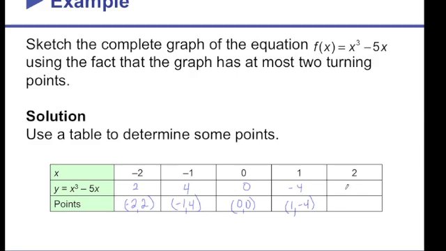And 2 cubed will be 8 minus 5 times 2, so 8 minus 10 will be negative 2, and we'll have the point 2, negative 2.